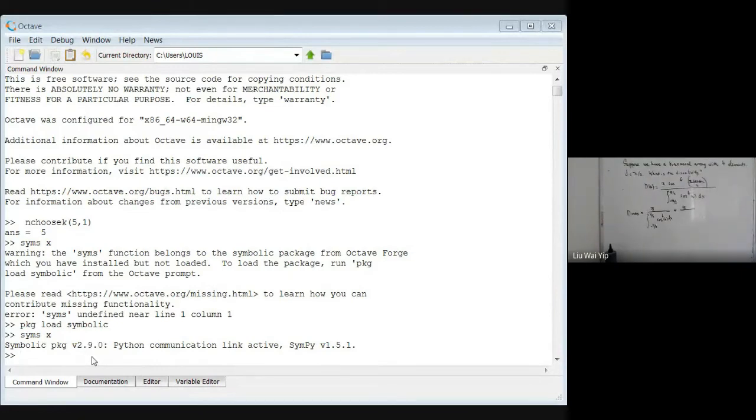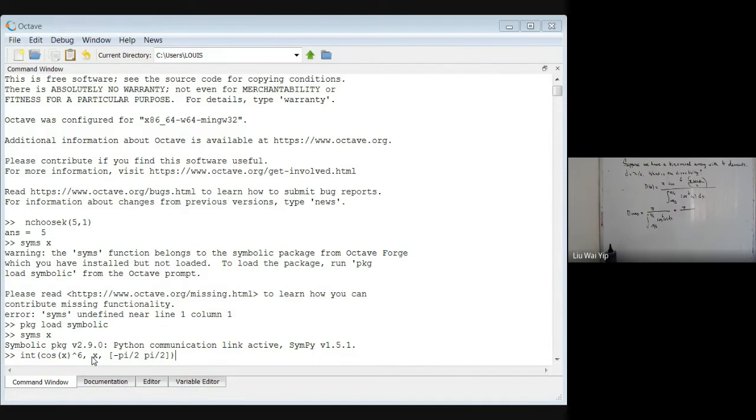So integral of cosine of x to the power 6, and then we integrate x from minus pi divided by 2 to pi divided by 2.